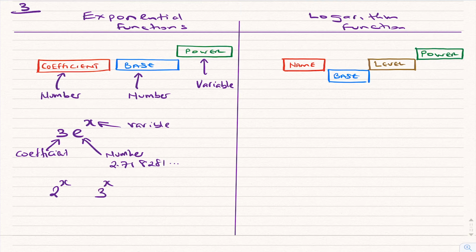You could write pi to the power of x, because pi is a number, which is 3.14159, and it goes on. So pi is a number.